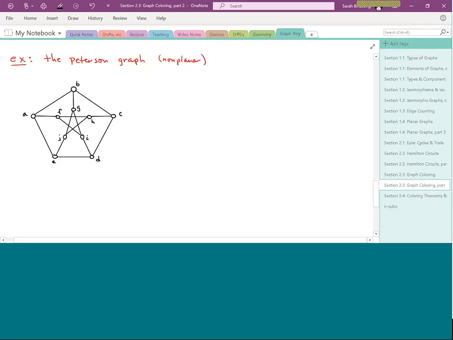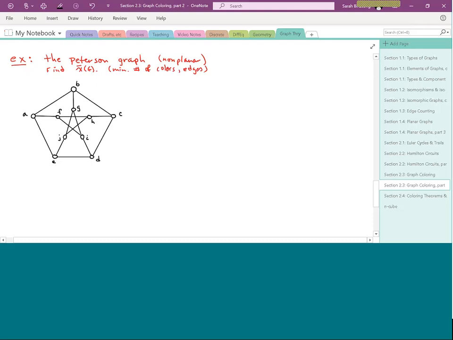So let me put those directions in here. Find the edge chromatic number of this graph. And remember what that means. We want the fewest number of colors specifically used to color the edges.